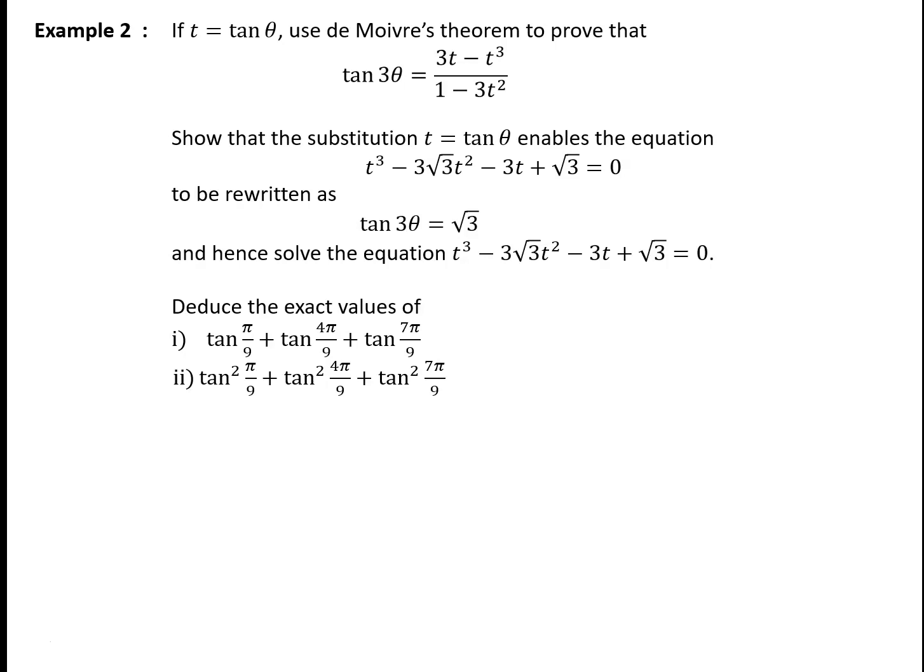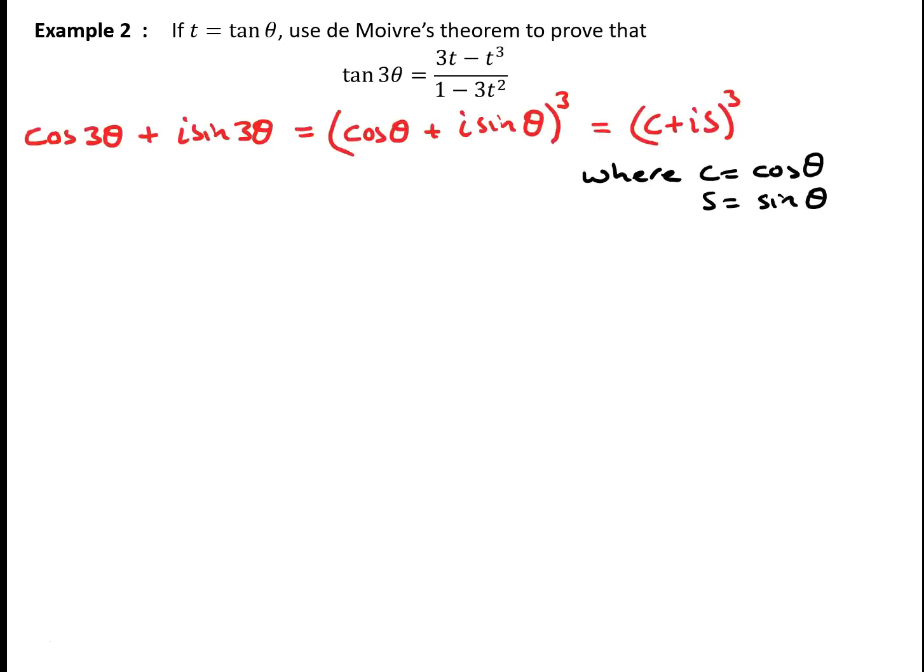Well, de Moivre's theorem tells me all about cos 3 theta and sin 3 theta. So the way we'll start this off is by saying that we know that cos 3 theta plus i sin 3 theta is the same thing as cos theta plus i sin theta cubed. That's de Moivre's theorem, which is equal to c plus is cubed, where c is cos theta and s is sin theta.